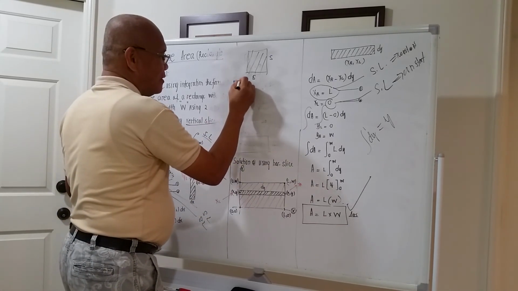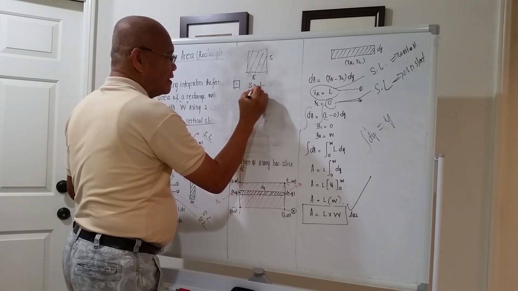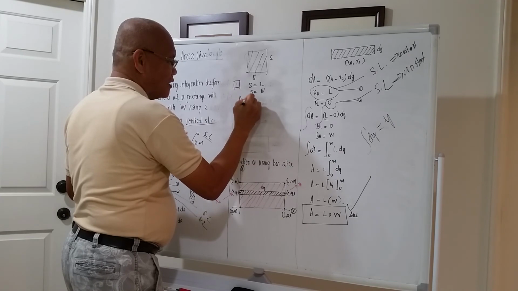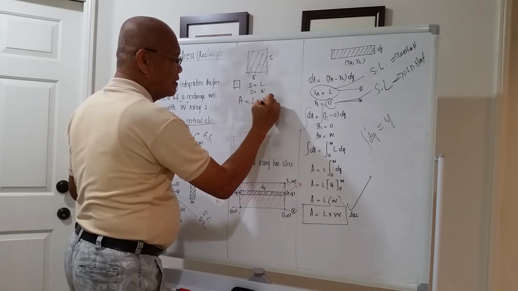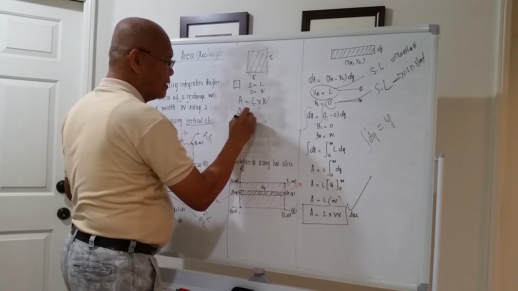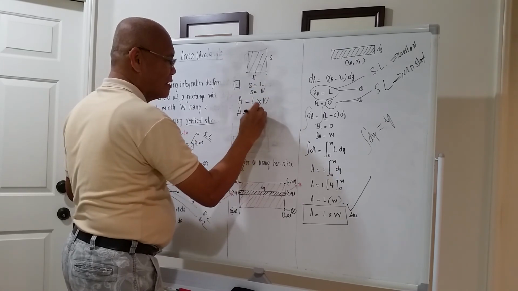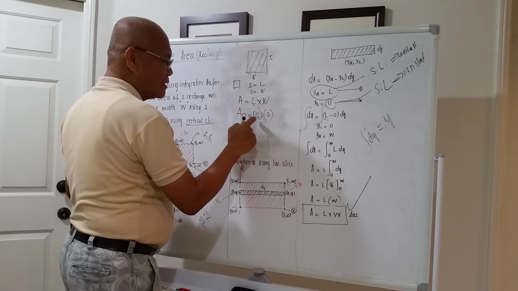For a square, the side is equal to L and the side is also equal to W. So if we follow the formula length times width, the area for a square, length is equal to S, W is also equal to S. And what is S times S?